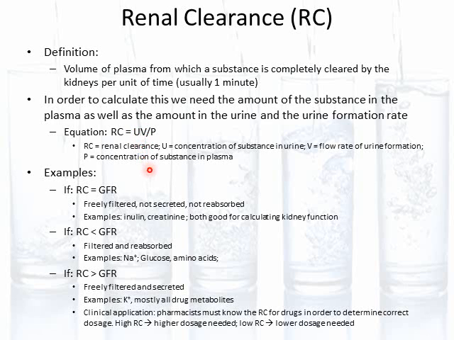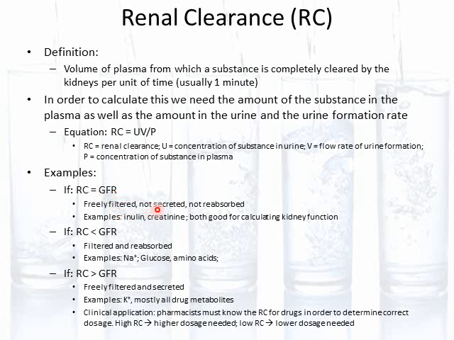Okay, so now GFR is glomerular filtration rate. This is just how much filtrate is being created in the kidneys, and we need to know that for all of these. If renal clearance is exactly equal to GFR, that means the substance was freely filtered, meaning that all of it got pulled out of the blood in the kidneys. That's why it equals GFR.